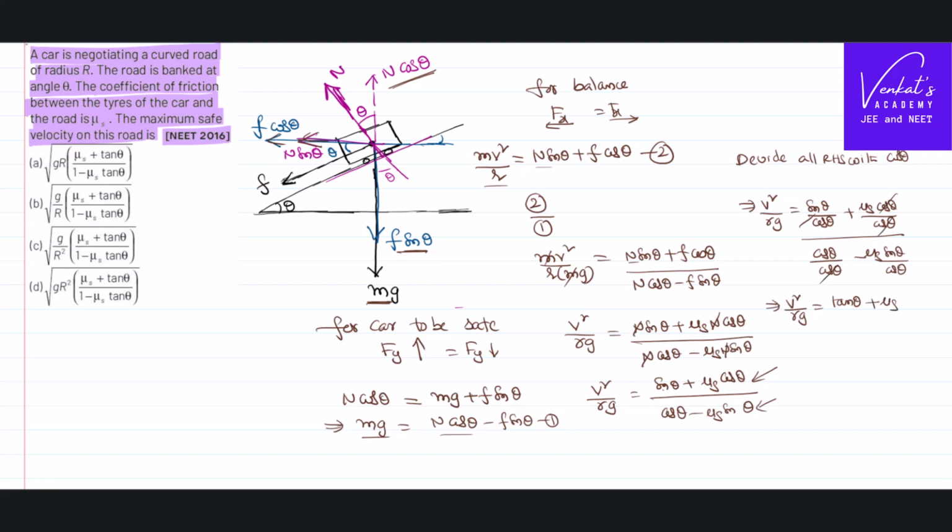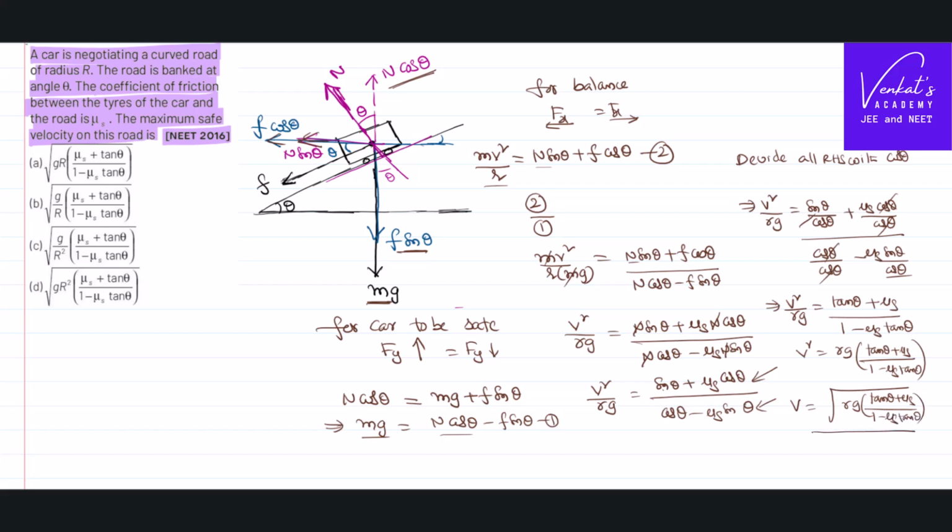Here also in the denominator, 1 minus mu s times sin theta by cos theta, which is tan theta. So V square equals Rg times tan theta plus mu s over 1 minus mu s tan theta. So V is the square root of Rg times tan theta plus mu s over 1 minus mu s tan theta, which is the answer for the problem.